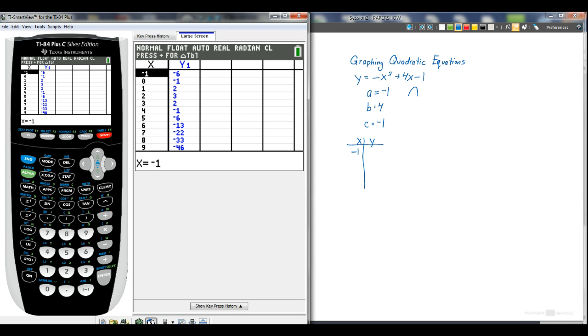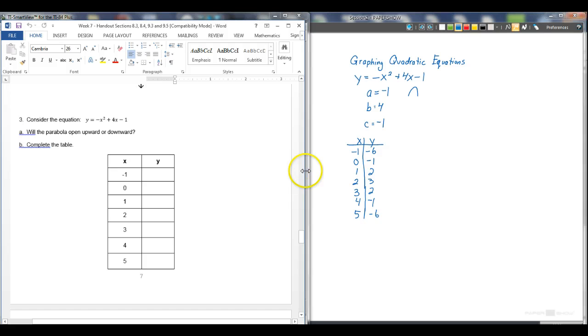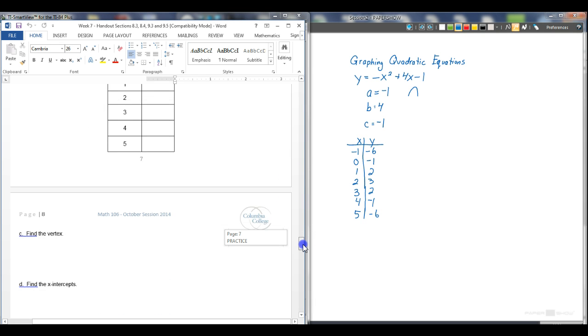For x of negative 1, y is negative 6; 0, negative 1; 1, 2; 2, 3; 3, 2; 4, negative 1; and 5, negative 6. Sometimes this can give us additional useful information. So we've completed our table, and let's scroll down to see what's next.